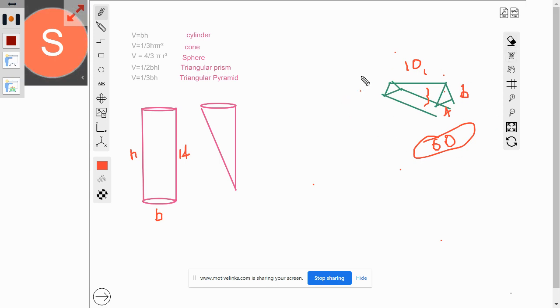So now that we have triangular prism, let's move on to triangular pyramid. Oh, I don't know what's happening. I don't know how that happened. So let me kind of describe triangular pyramid.